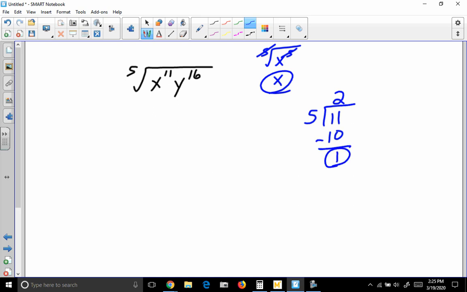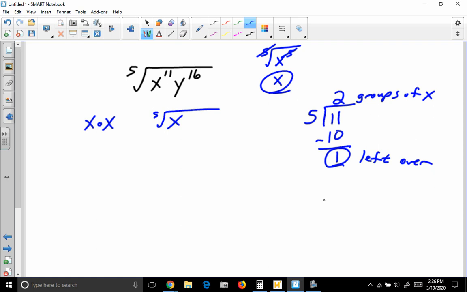So there's 1 left over. So there are 2 groups of x's out front. And then there was 1 x left over. So that's the one that stays underneath.